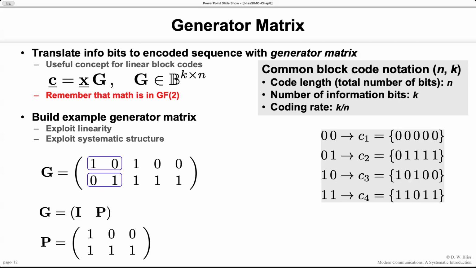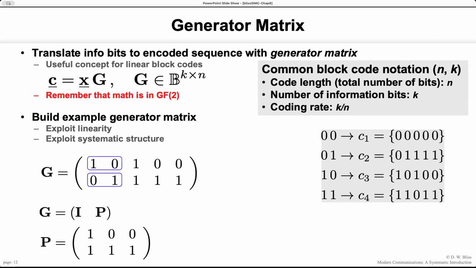But it turns out it's a very nice structure. So we're happy that it's systematic. All right. So the idea of the generator matrix is if I take information bits, express them as a row vector, and multiply it by the generator matrix, I will get the code word.